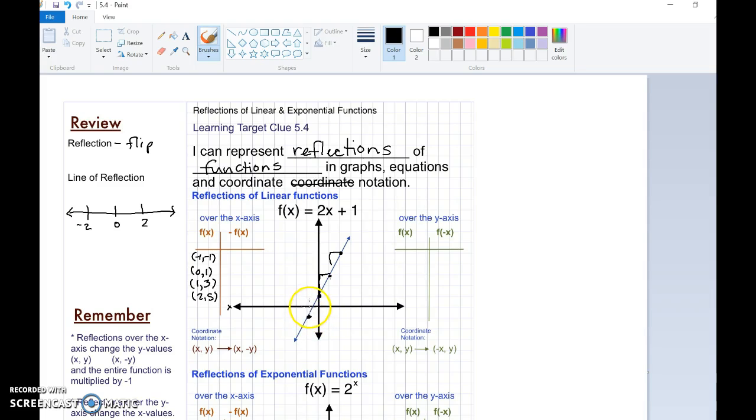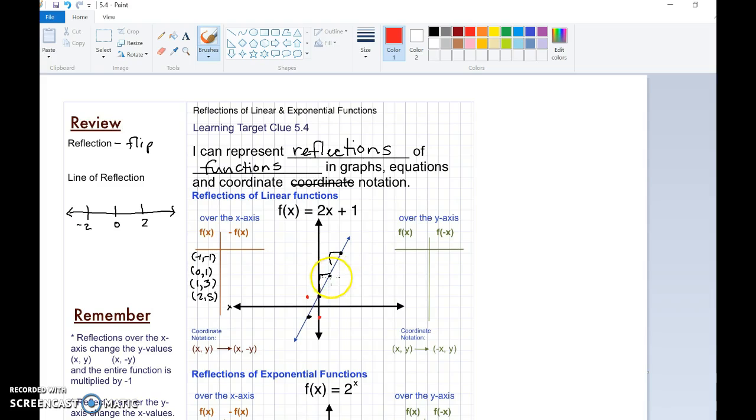If we start here at the x-axis and we just go down to the point, we see that it's 1 down. So instead of going 1 down, we'll go 1 up. And I'm going to do this in a different color, I think. So right there. And then this one right here, which is at (0, 1), needs to reflect over to the other side of the x-axis, and so it's going to go right here.